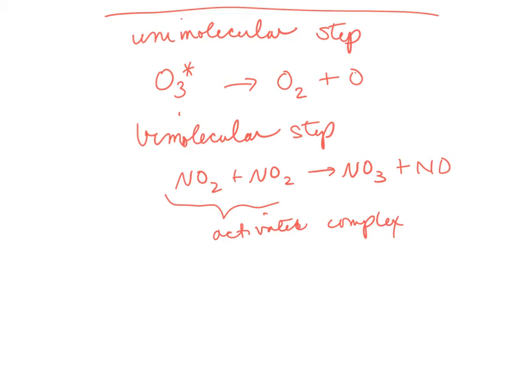They come together, and then they form this complex where the NO bonds are starting to break and the new NO bonds are starting to form, just this little transient period in the progression of the reaction sequence. A little bit of stability associated with an activated complex. But anyway, that's the subject of the next and last kinetics video. In this case, we're just looking at the fact that there are 2 molecules on the left-hand side here, and that is a bimolecular step.